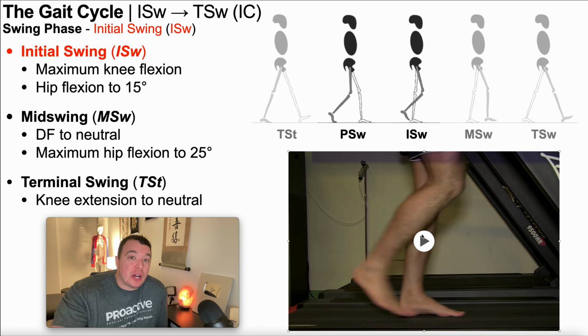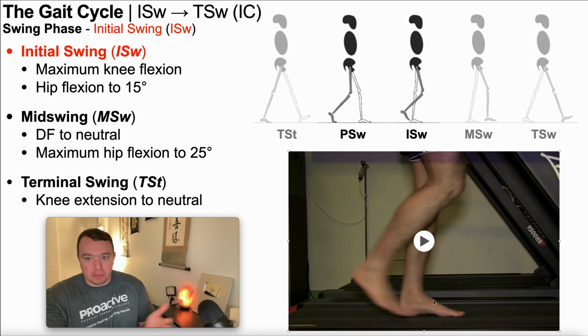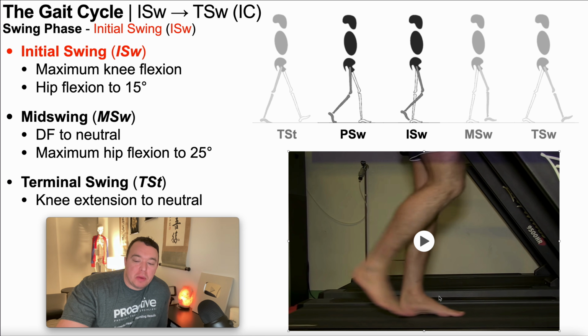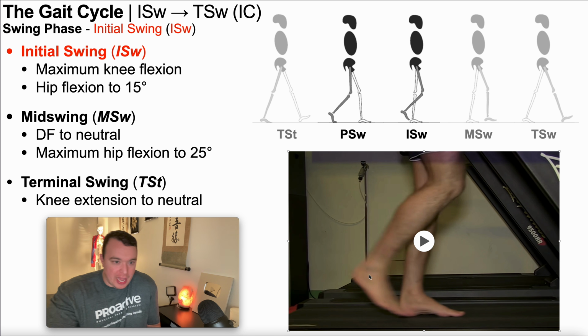So what is the cutoff between initial swing and mid-swing? Well, the end of initial swing is really a few things. Number 1, it's when the foot here begins to start to cross past the other foot, that is the contralateral foot. When that happens, we're starting to blend into mid-swing. But the other thing you'll see in a minute is that in initial swing, the ankle joint is technically still in a little bit of plantar flexion.